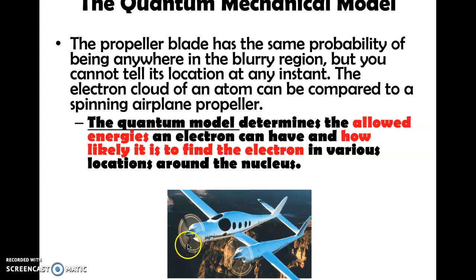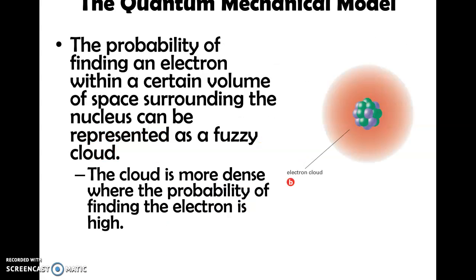So we're using probability. Hopefully in mathematics, somewhere you've had some probability. That's important. The probability of finding an electron within a certain volume of space surrounding the nucleus is represented over here by the fuzzy cloud. We call this the electron cloud.